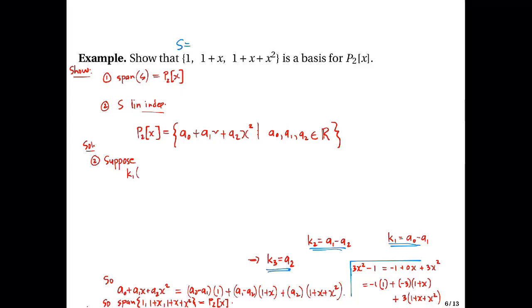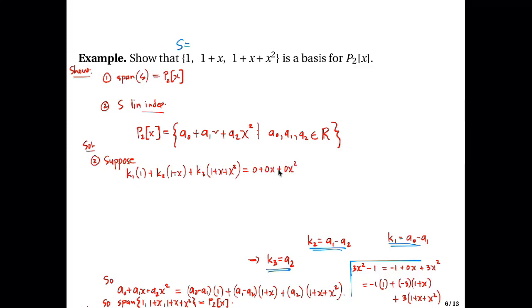K1 times 1 plus K2 times (1 plus x) plus K3 times (1 plus x squared) equals the zero polynomial, which is 0 plus 0x plus 0x squared. Okay?